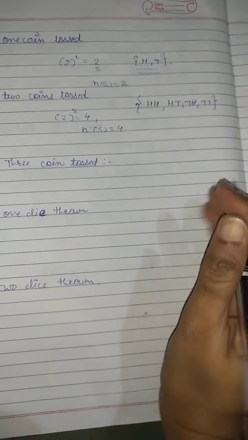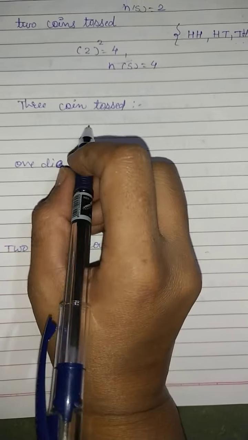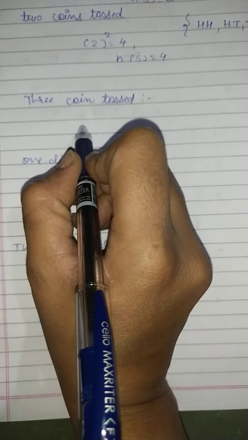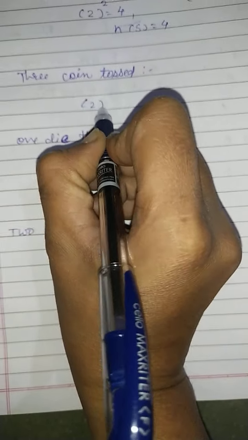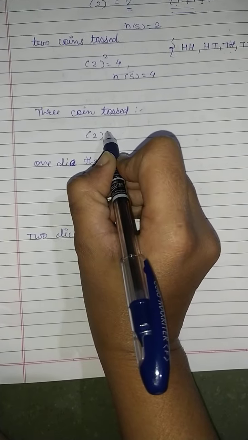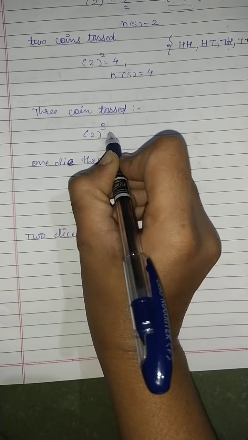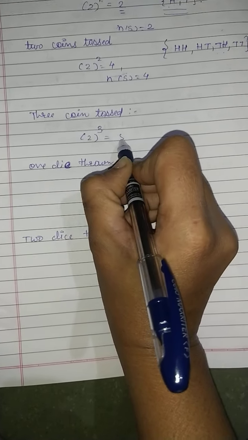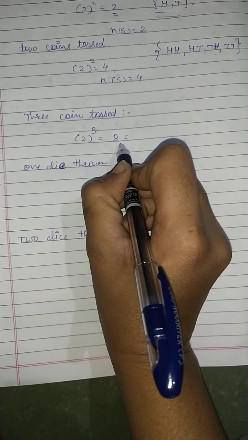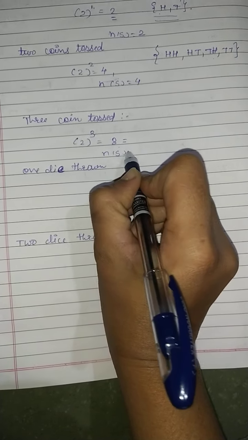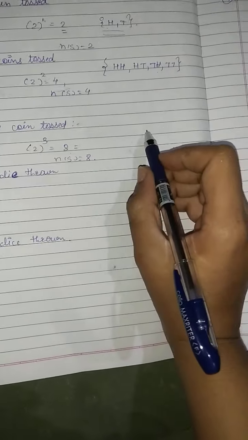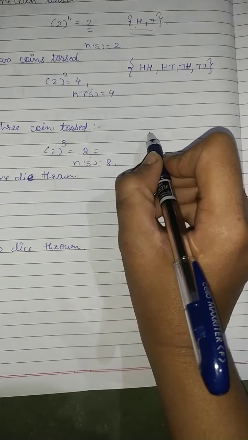Understood? Now if you have tossed the coin thrice, or 3 coins tossed, again a coin has 2 faces. How many times are you going to toss that? 3. So it is 2 to the power 3, that is 8. So you will get 8 sample spaces. n(S) is 8. Now here is one trick to remember this.